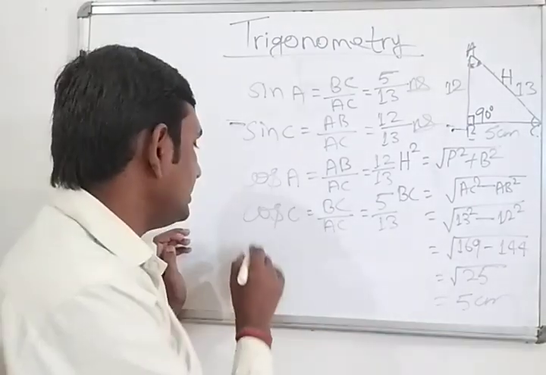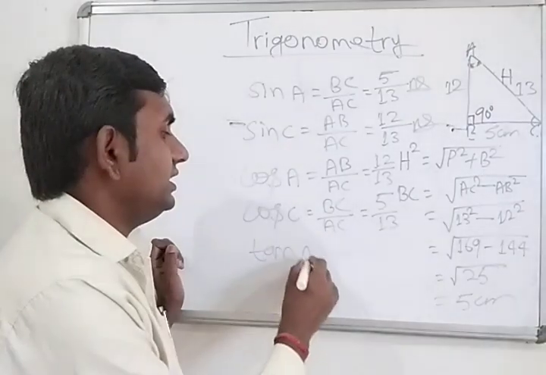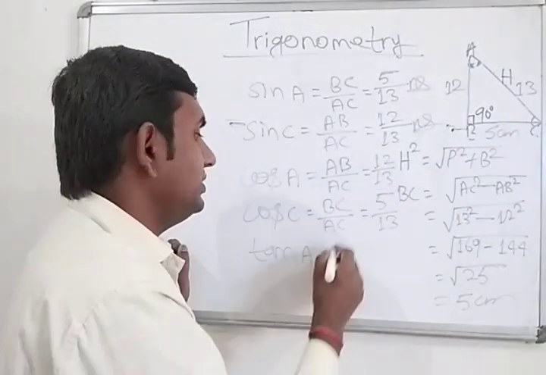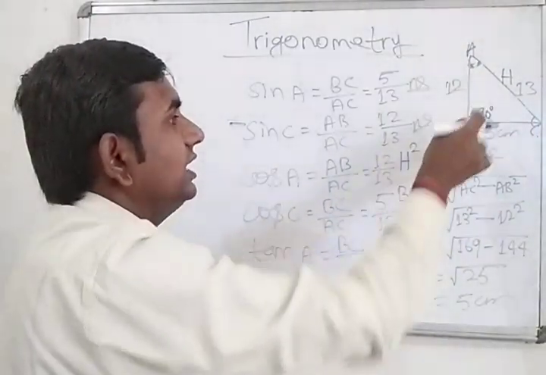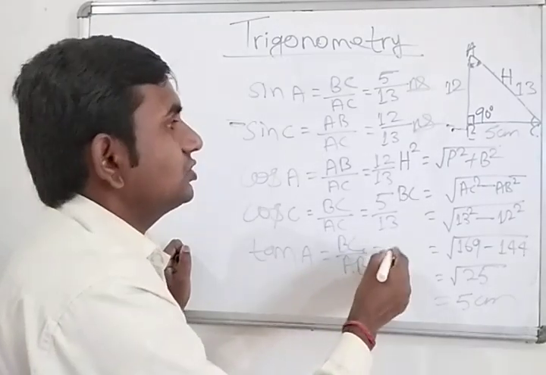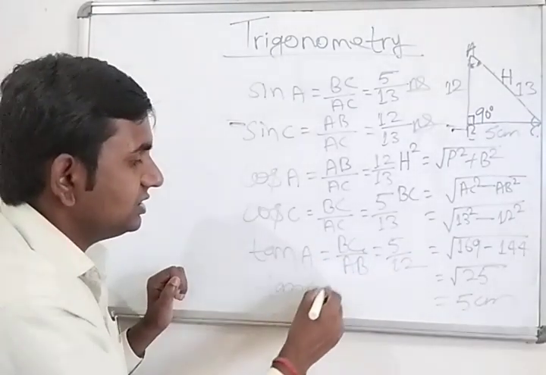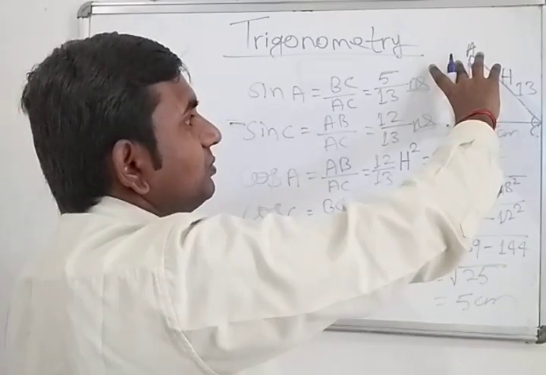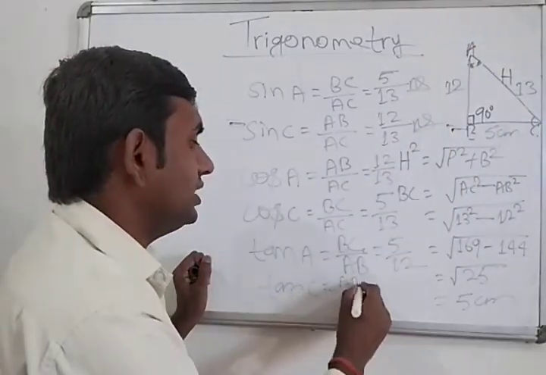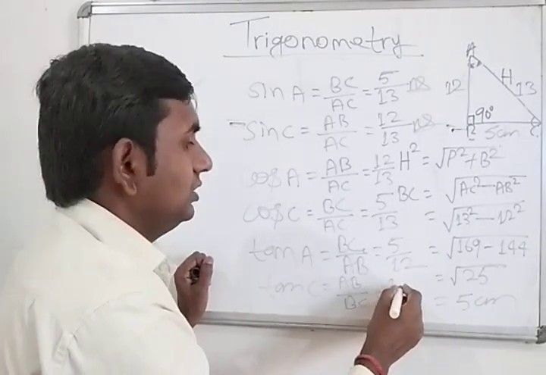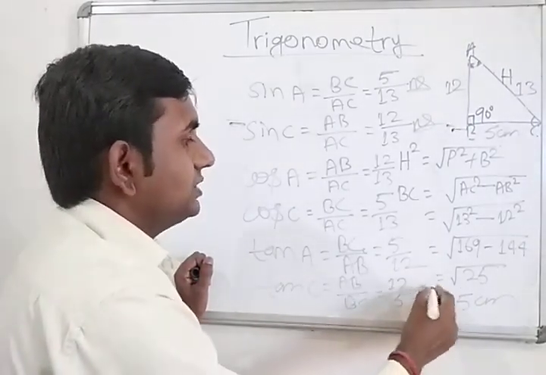In the same way, if you want to find tan A, this side is the perpendicular, it means BC, then AB, so we have 5 by 12. But in tan C, the perpendicular is AB, so we write AB by BC, so it becomes 12 by 5 as our answer.